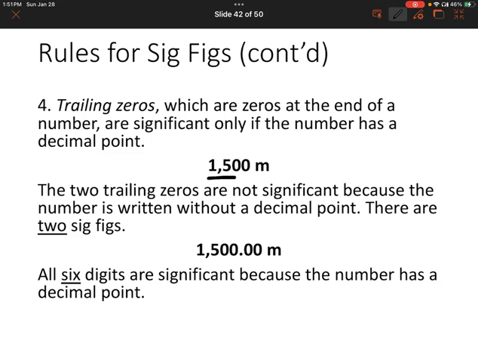That's going to tell the audience that this is a very precise number, and each of these digits are significant. So a decimal point makes all the difference. If you don't have a decimal point, those trailing zeros are not significant. If you do have a decimal point, the trailing zeros are significant.